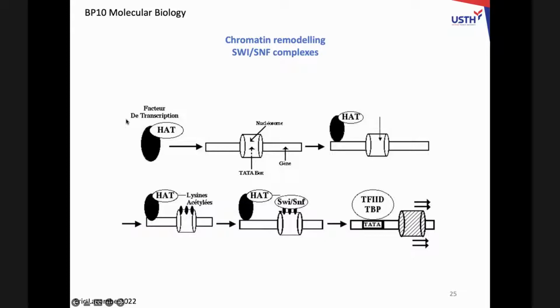So I will show you a slide to explain a little bit, because we call transcription factors proteins that are able, directly or indirectly, that's the key point, to modulate transcription. In the case of the chromatin remodeling complexes, I gave you the example of the SWI/SNF complexes.